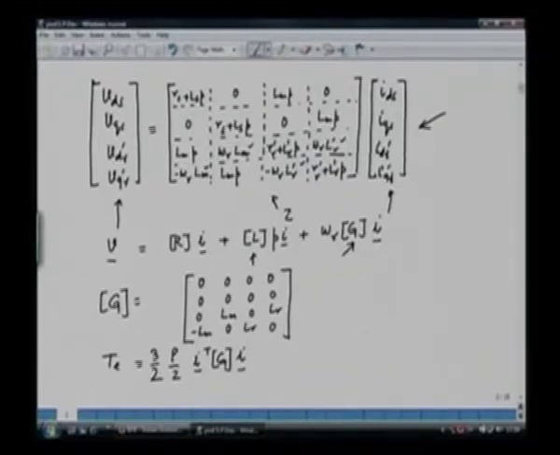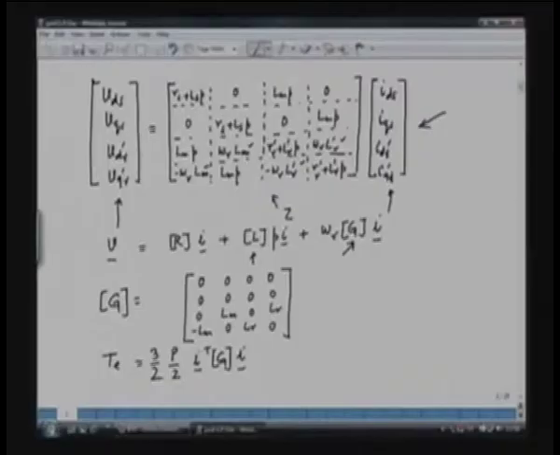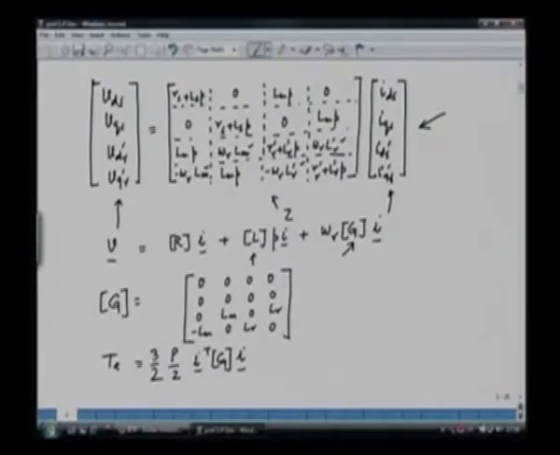Actual machine is a 3-phase machine. So if you want to convert it back into the torque of a 3-phase machine, you have to multiply 3 by 2 in this case. So the torque in this case is 3 by 2 into P by 2, where P is the pole pair, into I transpose G into I. So we can simplify this, and if you simplify this, we can pre-multiply and post-multiply.